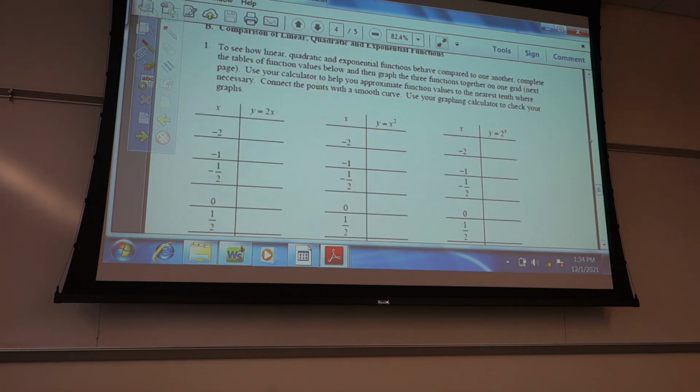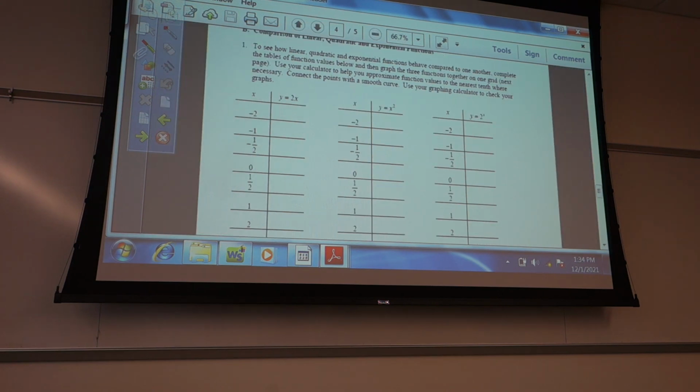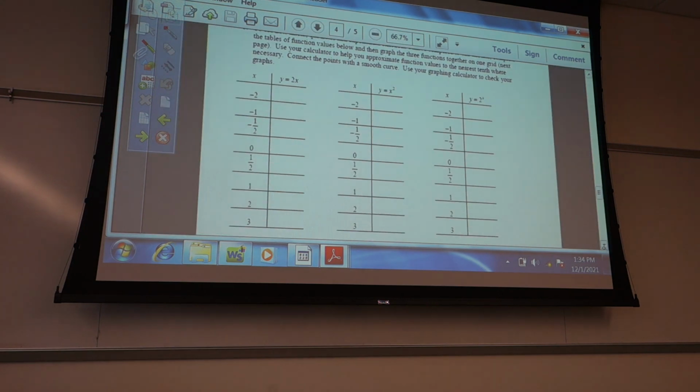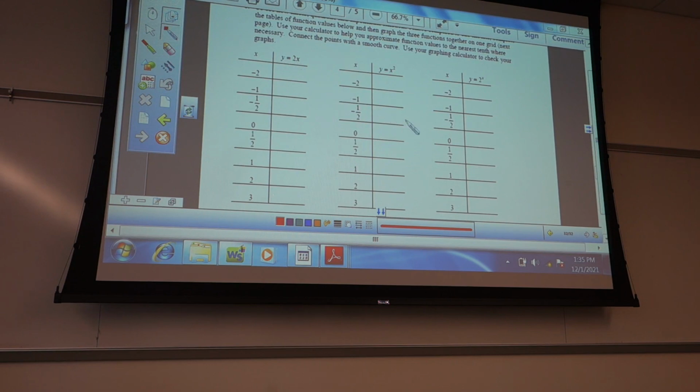All right, so now we're going to compare the 3 types of tables and see how they change. The first one is just linear, y equals 2 times x. So what's negative 2 times 2? Negative 4.